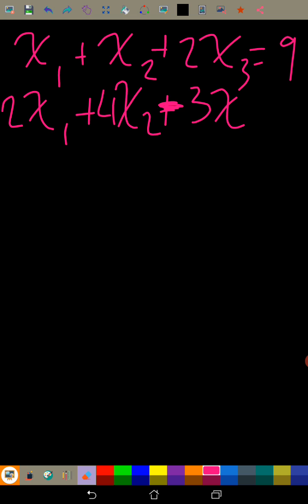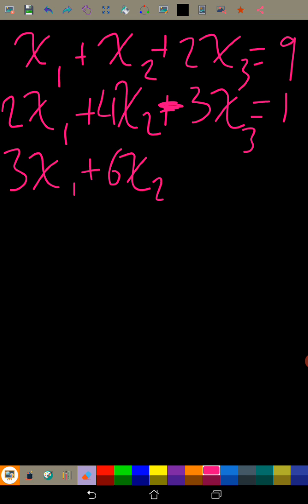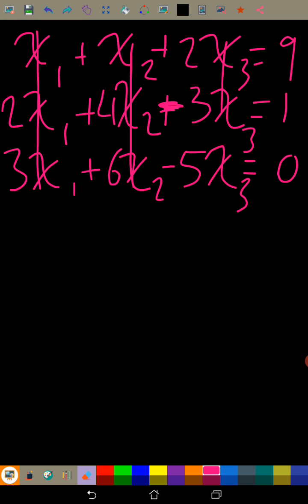I'm going according to my notes here. And then you have 3x1 plus 6x2 minus 5x3 is equal to 0. So as you can see, we have 3 variables, but we also have 3 equations.